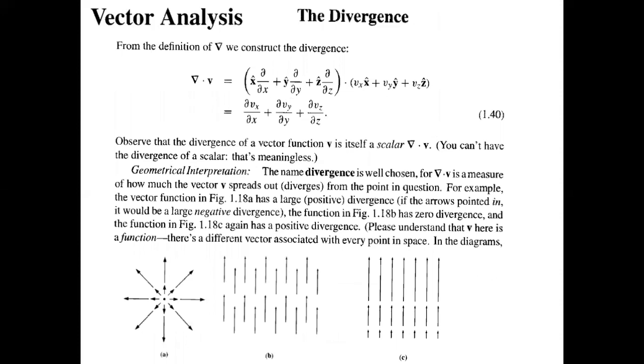Whereas for divergence, the examples are something like flowing out, and then the divergence is positive.